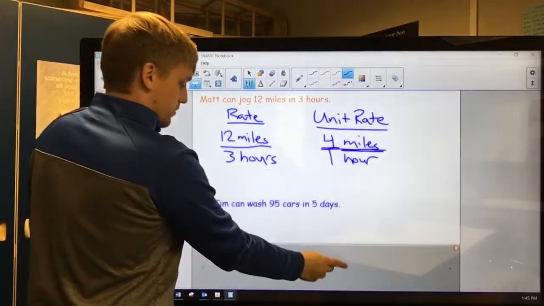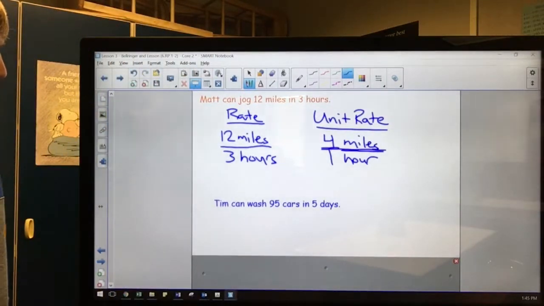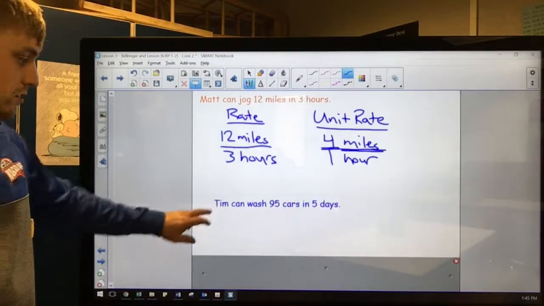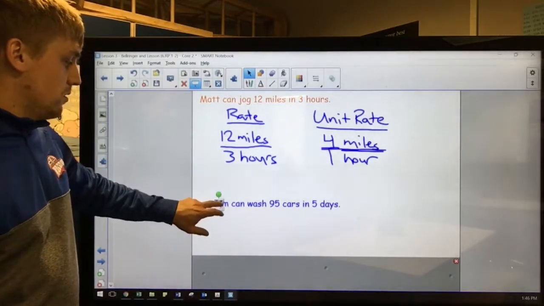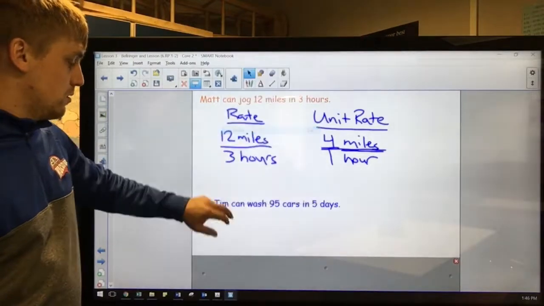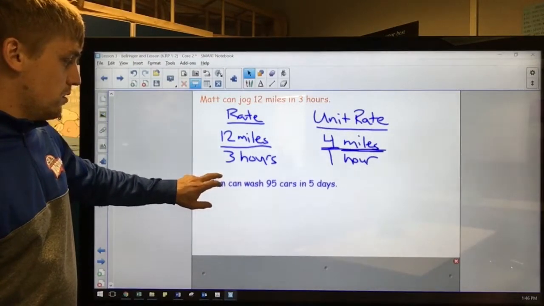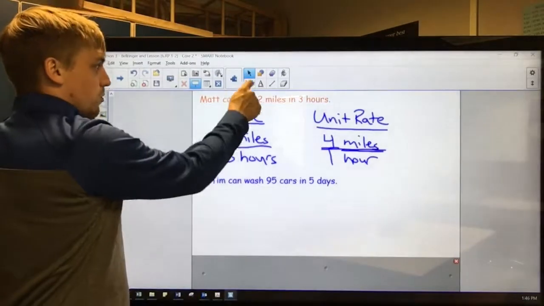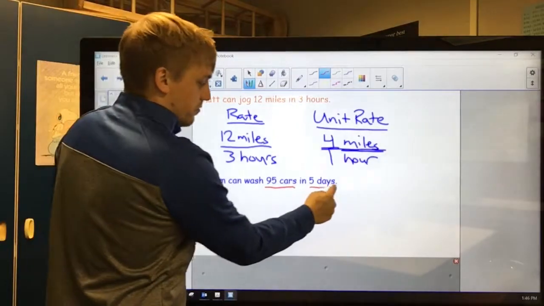Okay, let's try another one. It says Tim can wash 95 cars in 5 days.